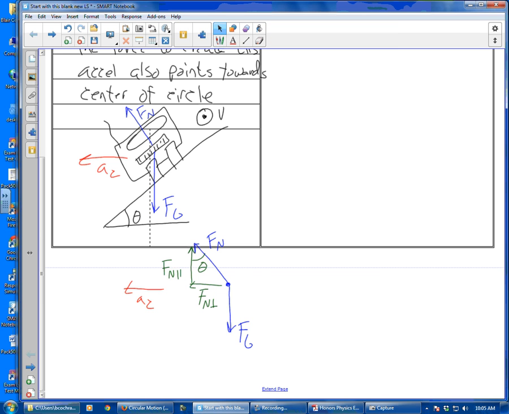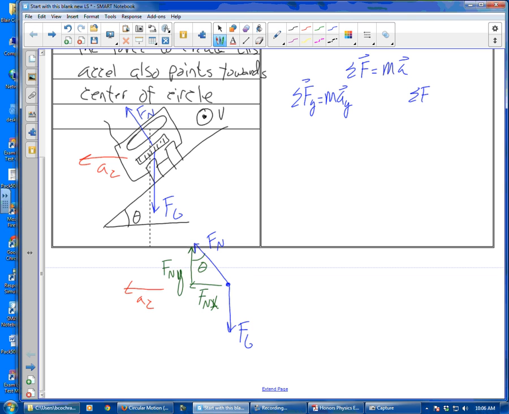So where I'm going to start mathematically is with the sum of the forces equals ma, our good old Newton's second law. Let's change parallel and perpendicular to X and Y directions. Sum of the forces in the Y equals ma_y.